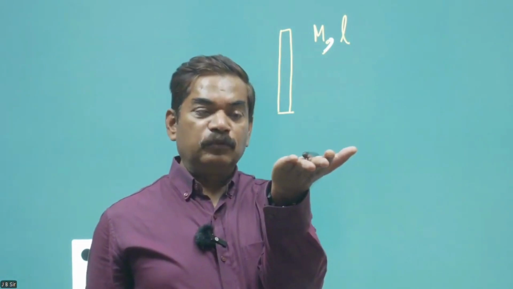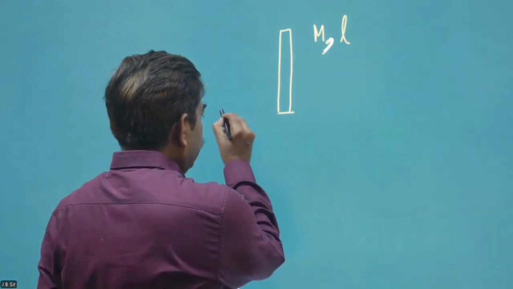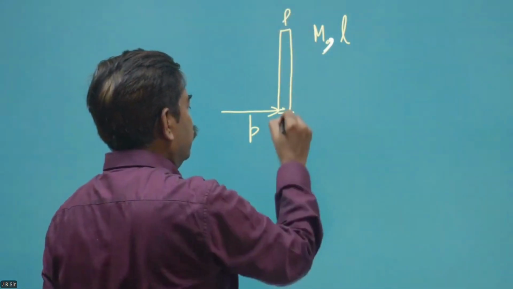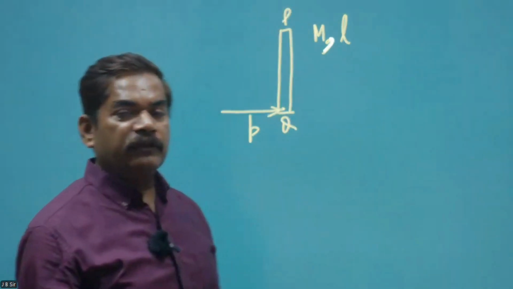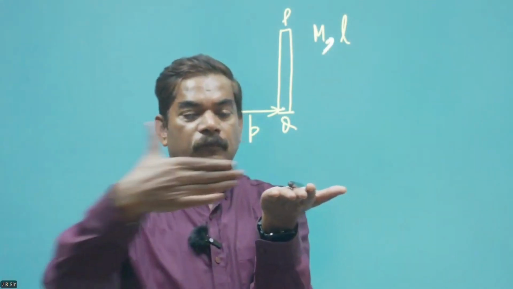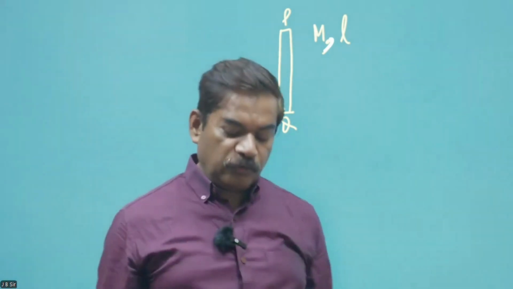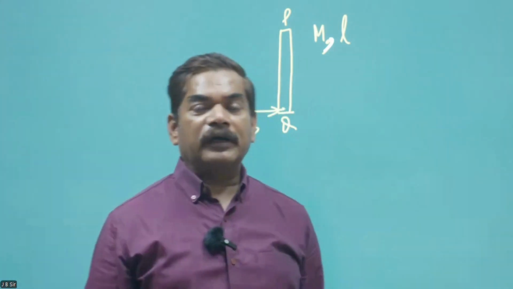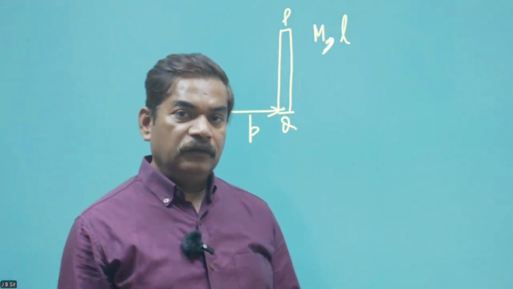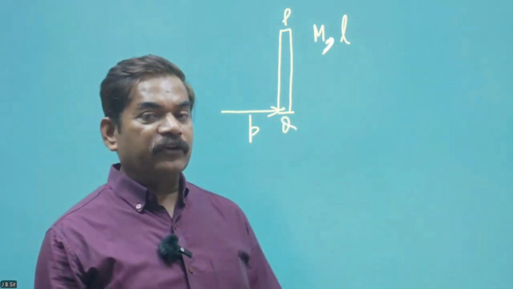Now, at one end, Q, it is imparted a momentum P, in this way. Now the question is, what will become the kinetic energy of the rod immediately after receiving the impulse?